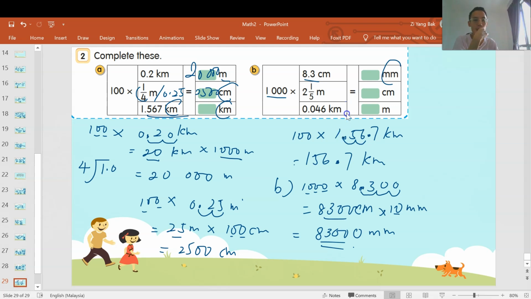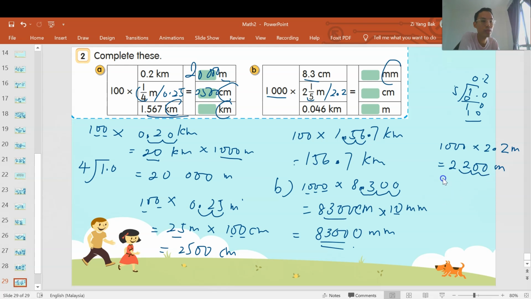For the second one, 1.5 is the same as 0.2. Okay, so this is 2.2. So 1000 times 2.2 meter, it's 2,200 meters. You move 3 times to the right. 1, 2, and 3.